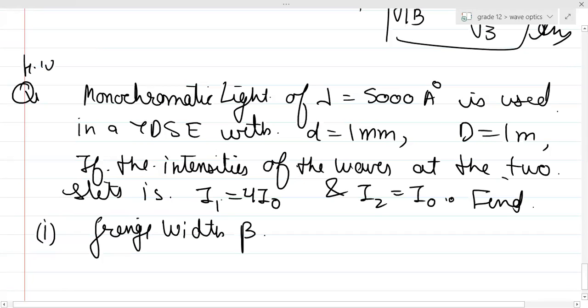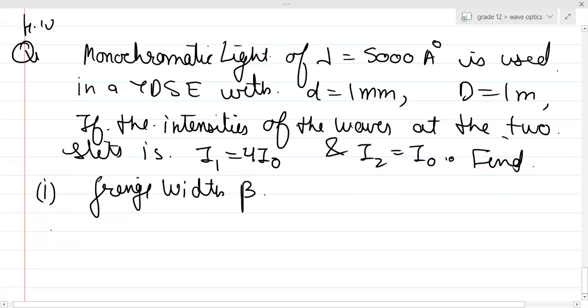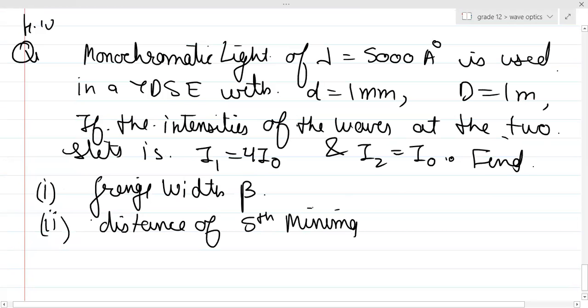Does fringe width have any connection with intensity? No. Fringe width depends upon lambda, D and d, which are constant. So you can calculate this, right? The second formula is basically the distance of the fifth minima from the screen center. So this is also calculable, right?